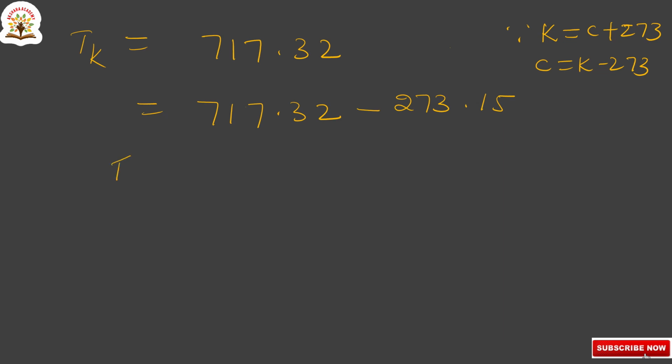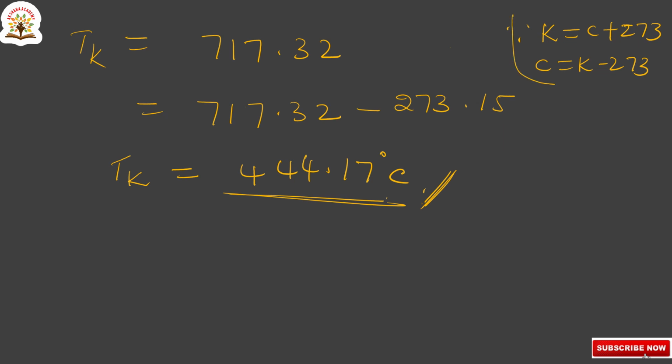So we are getting T in terms of centigrade, 444.17 degree centigrade. This is the final answer in terms of centigrade. Okay, 444.17 degree Celsius. Okay, thanks for watching this video.